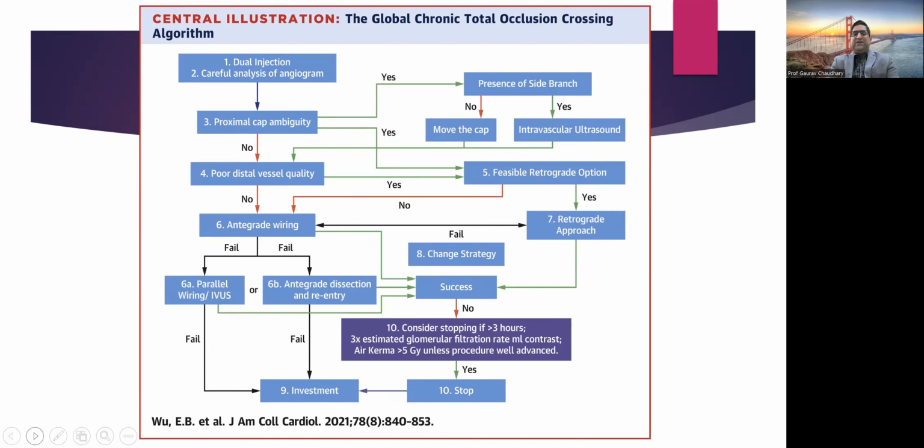There are also various points where we need to stop. That should be in our mind once we are doing a CTO: if the duration goes more than 3 hours, if 3 to 3.5 times GFR of contrast dye is used, or air kerma more than 5 gray, unless the procedure is well advanced. So these are the points where we can stop, or we can stop at the investment stage. This is the algorithm that should be kept in mind.